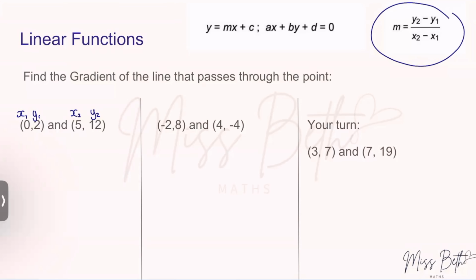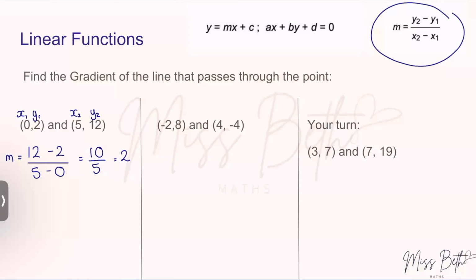So y2 is 12, m is equal to 12 minus 2 divided by 5 minus 0. This will give me 10 divided by 5, which of course is 2.